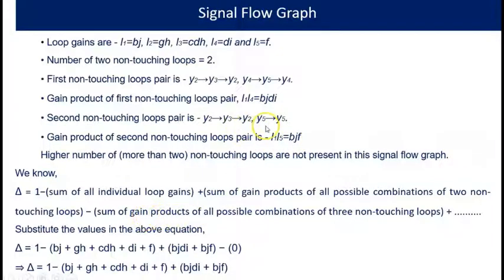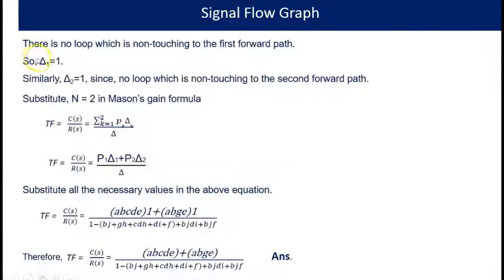Take the sum of these two, BjDi plus BjF. Then the remaining is 0, so only that much. So that is delta.